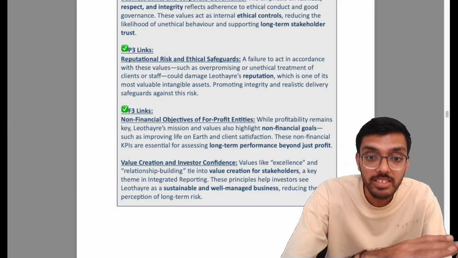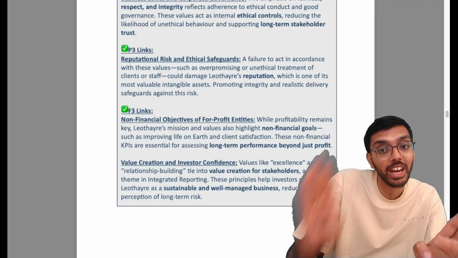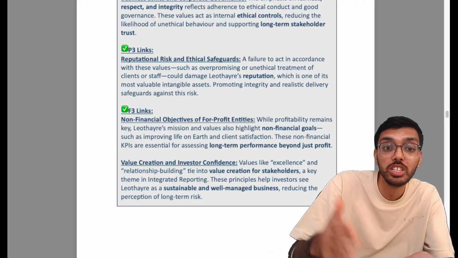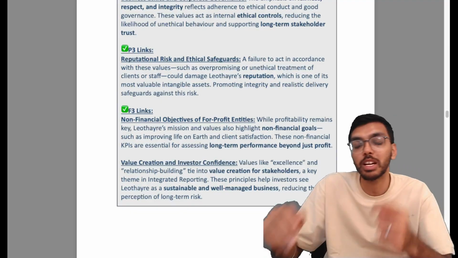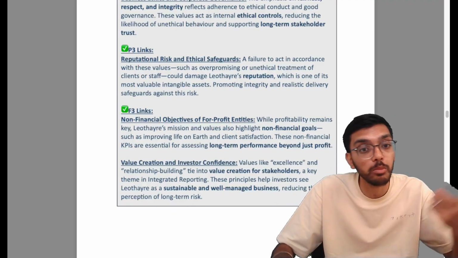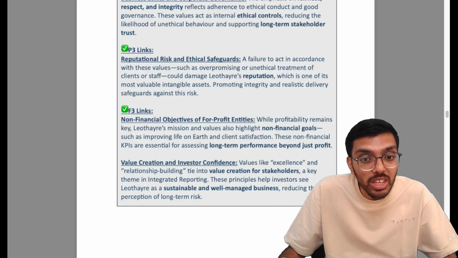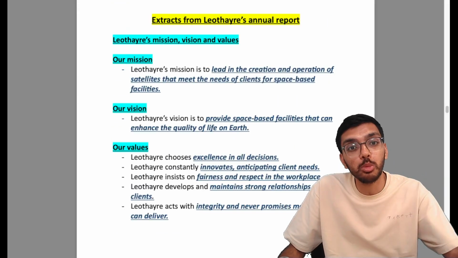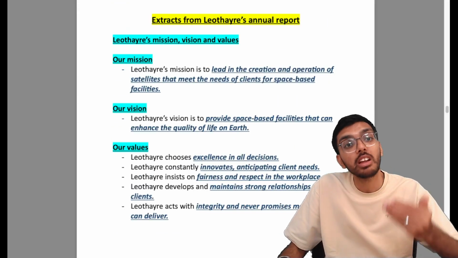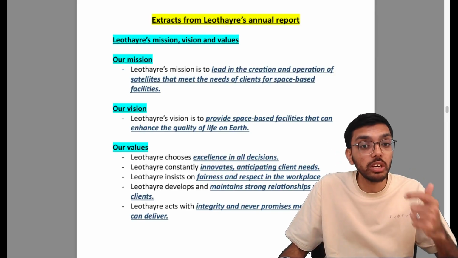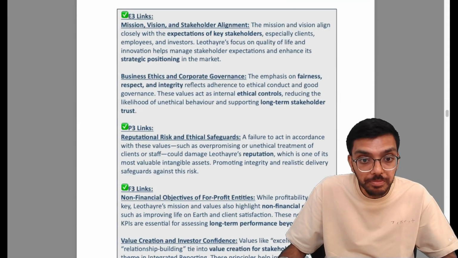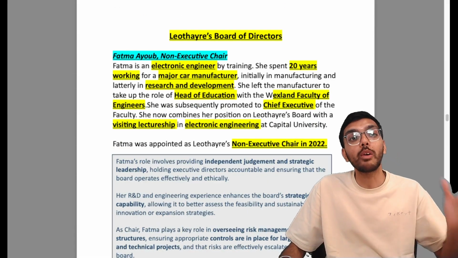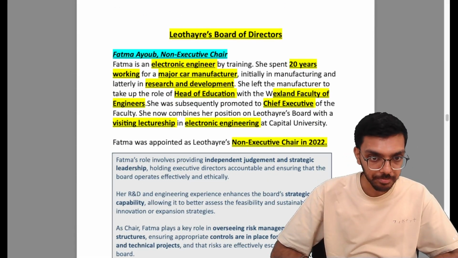So only finance is not okay, non-finance is also important, which is gaining more and more importance because of your GRI, IR framework, which is there in the F3 syllabus. So please make sure that everything that you mention is very much related to your mission, vision, and your values. Next, we go to our board of directors discussion.